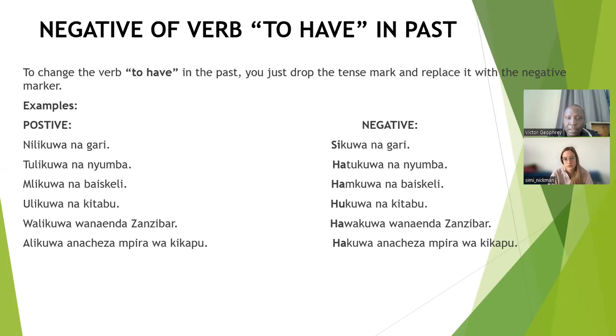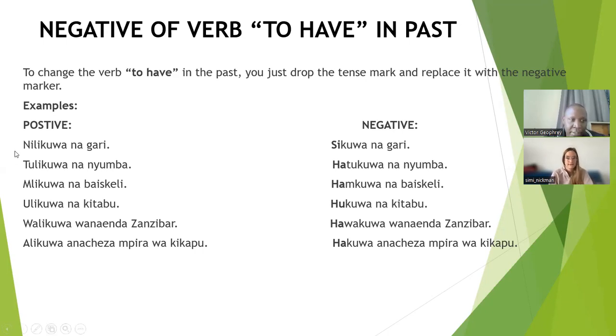So the negative marker will stand for the pronoun and for the tense. Are you with me? Just drop that tense marker and replace it with the negative marker. That negative marker also stands for the pronoun and for the tense.